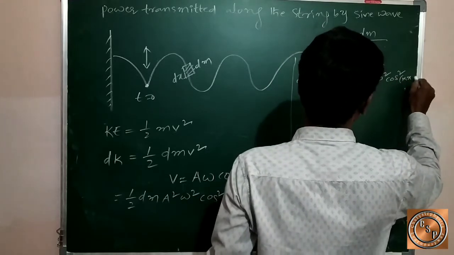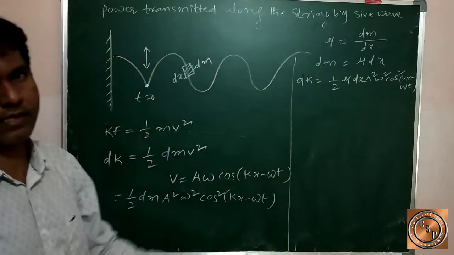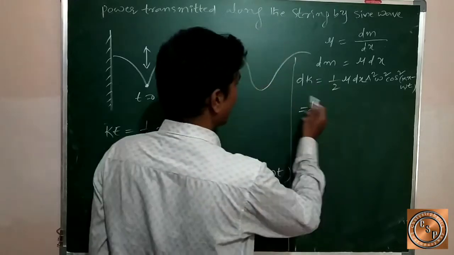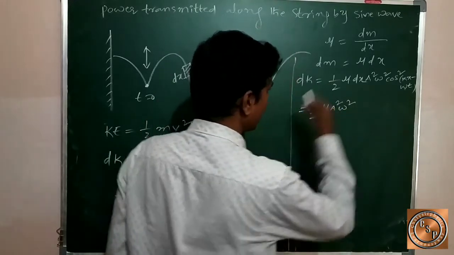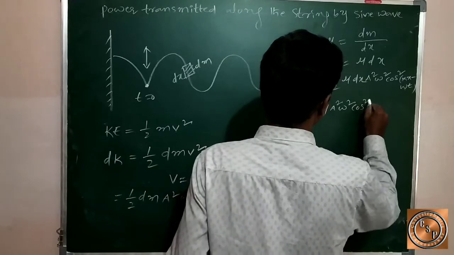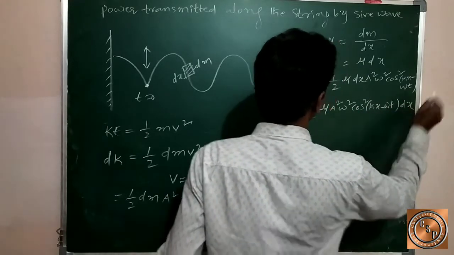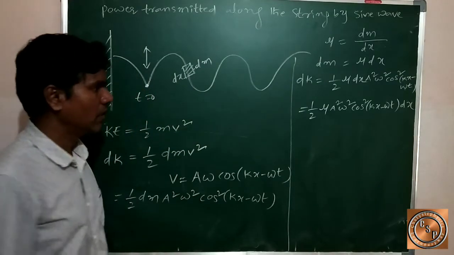Here is (kx minus omega t), cos square of (kx minus omega t). Writing in order, that is equal to half mu a square omega square cos square(kx minus omega t) into dx. This is the kinetic energy of that element.